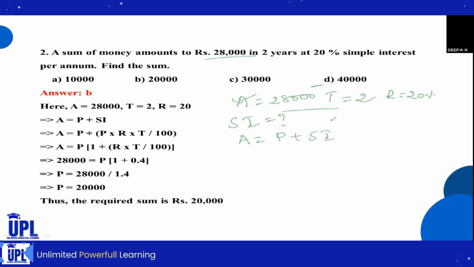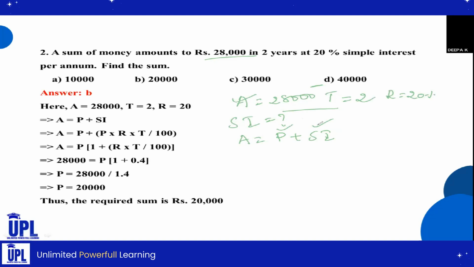This is a formula to find out the amount. I already told you in the definition of what is amount. So this is a formula for the amount. Here we know the amount, but P is not known and SI is also not known. So we have to find the value of P and the value of SI.